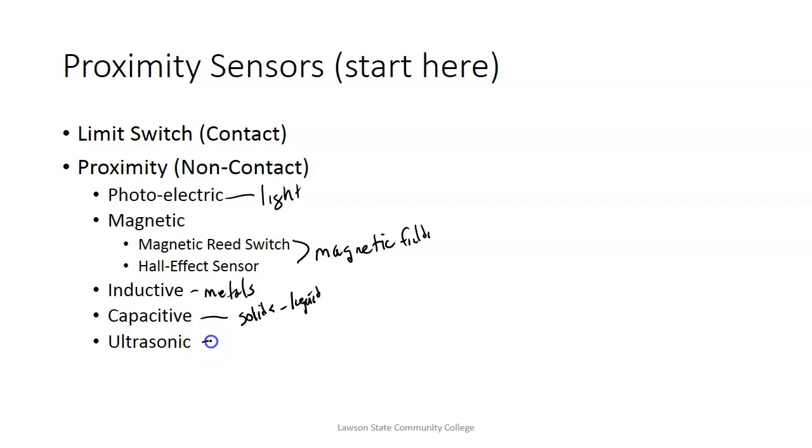Of course, ultrasonics, these sense distance. We can also use them to sense speed. So if we send out one pulse and then a precise amount of time after that we send out another pulse, we know the speed.